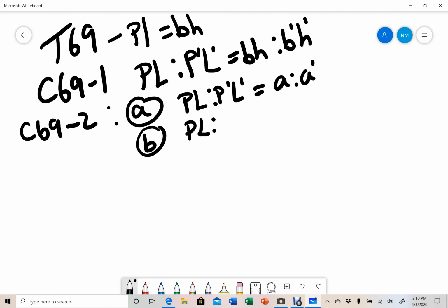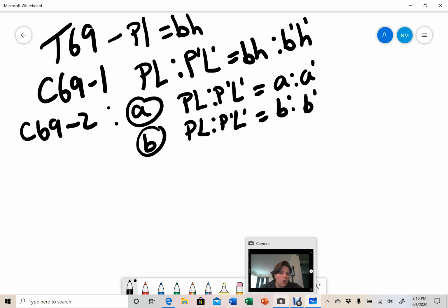So parallelogram to parallelogram is equal to base to base. So that is the two parts of those. When I'm comparing the two parallelograms, I can look at either their altitudes or their bases. So that's corollary 69-2. And then we have corollary 69-3.